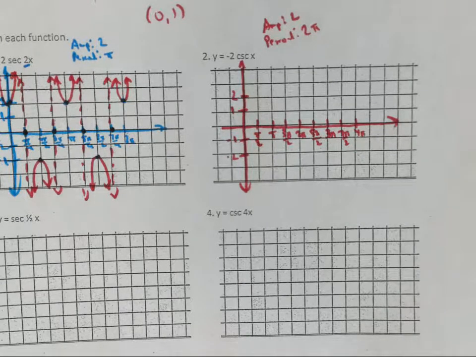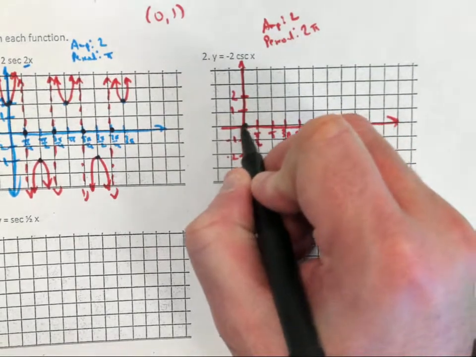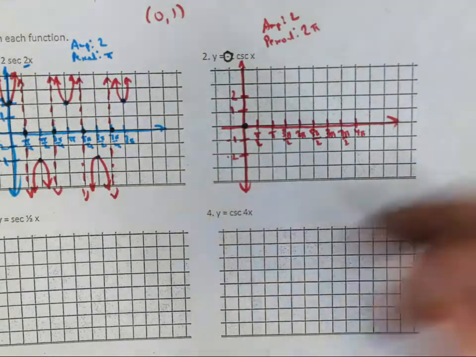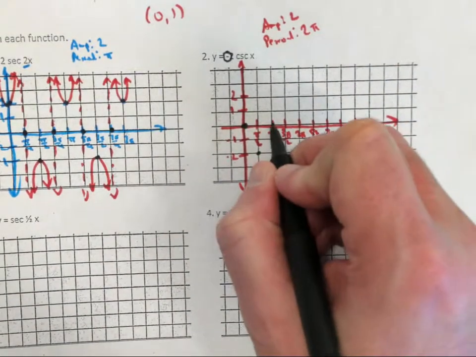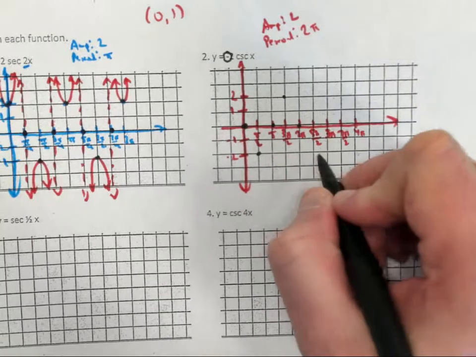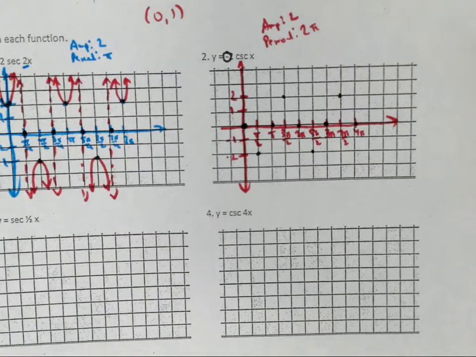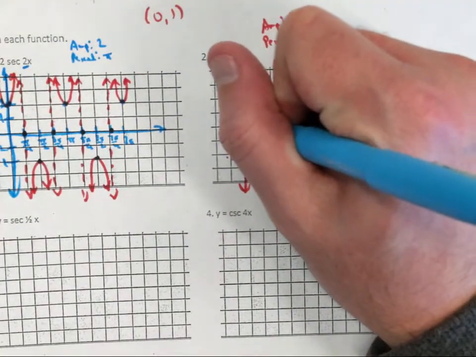Now, cosecant is related to which one? Sine. So do I start at my origin or my amp? Origin. Now, if I was graphing this as a sine, do I need to look at that negative sign? Yes. So am I going to go up or down? Down. So wherever there's a dot on the x-axis, not origin, is an asymptote.